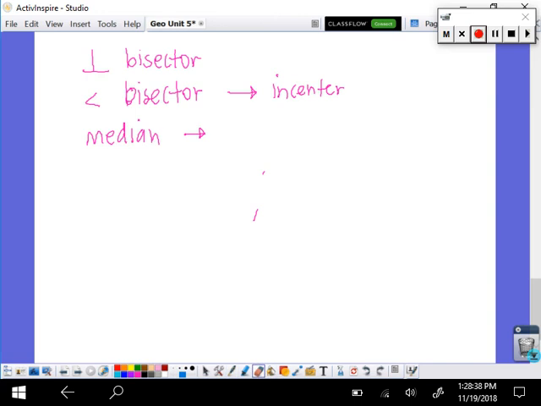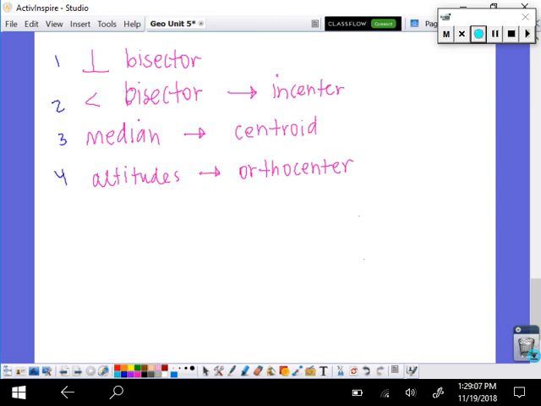The point of concurrency for all your medians is going to be the centroid. Then we have our altitude with its point of concurrency being the orthocenter. Okay, so that is 1, 2, 3, 4, 5, 6, 7 new words you need to know what they look like. You need to be able to identify them, and you need to be able to determine the different properties and what each one of those things means.